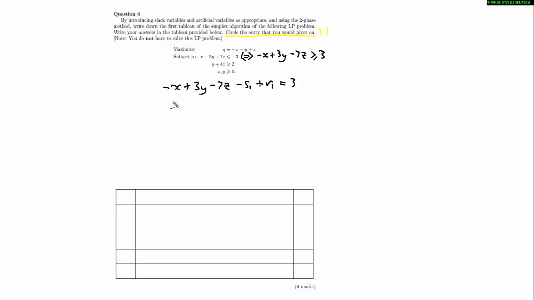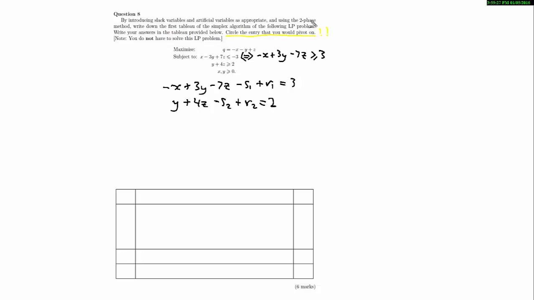And for our second constraint, we have y plus 4z, again minus our second slack variable, s2, and plus r2, our second artificial variable, and that equals 2.